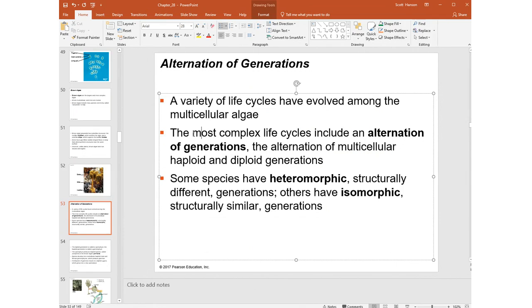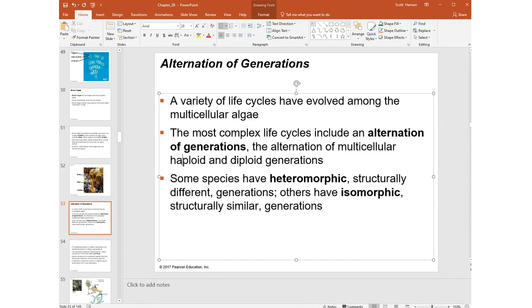The most complex life cycles amongst the protists include this alternation of generations. Because there are two alternative forms, they call it alternation. Basically, they alternate between a haploid generation and a diploid generation.